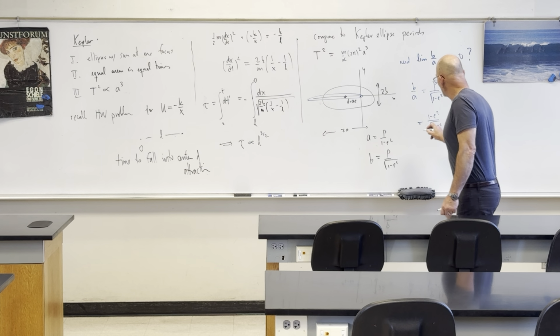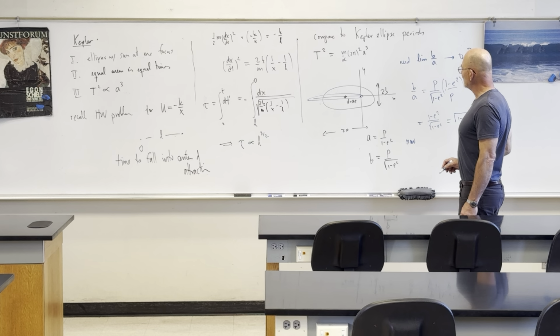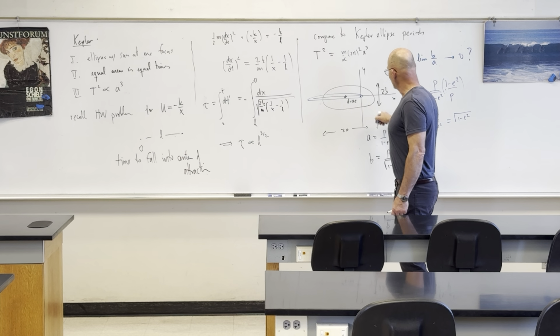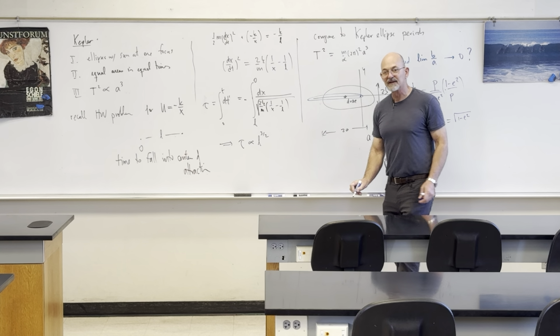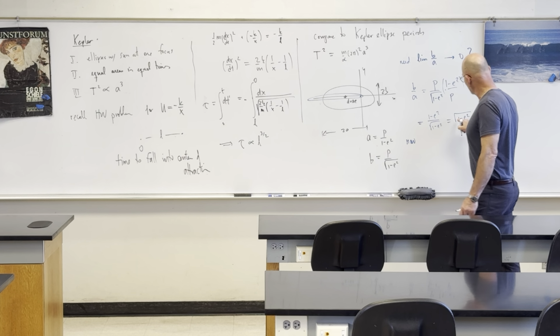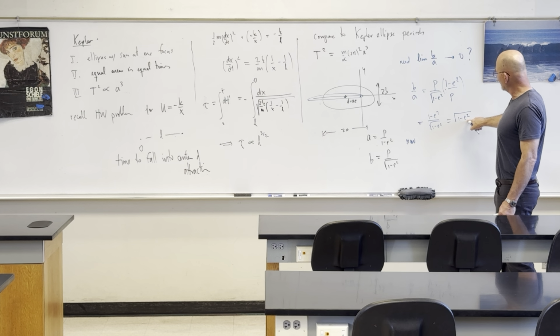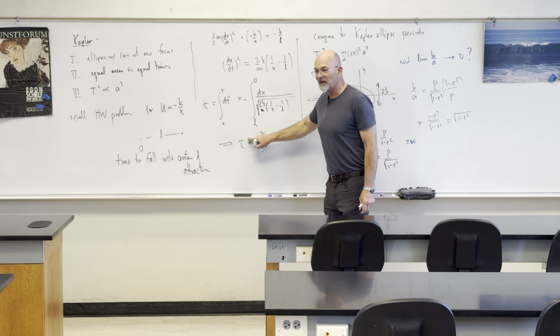So now, what can we say about A here? You see, 2A was always from this side to that end. So now we can say that in the limit, as B over A goes to 0, which we can do as the eccentricity goes to 1, then A and L are the same thing.